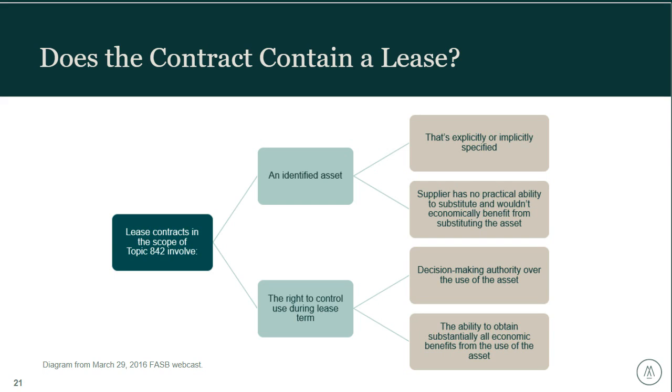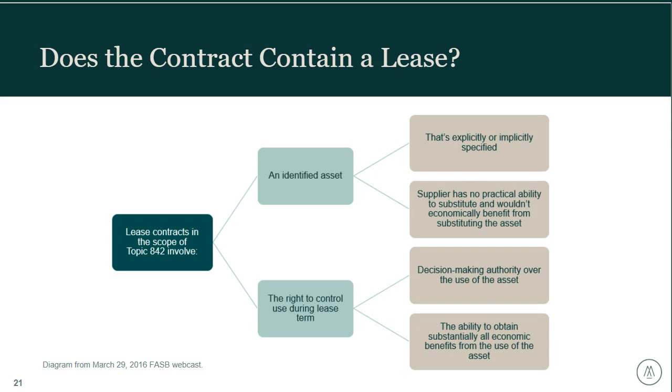As far as the identified asset, there's this little caveat here about the supplier has no practical ability to substitute and wouldn't economically benefit from substituting. This doesn't mean they get to replace the equipment while it's being repaired or maintained or going down.